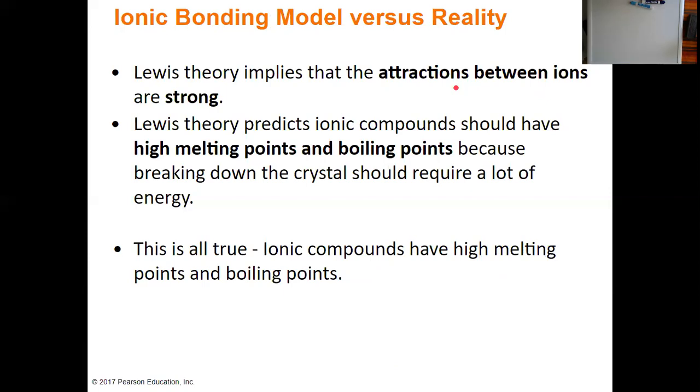If that's true, then ionic compounds should have very high melting points and very high boiling points, because it should take a lot to break apart that crystal, to break the bonds between them. And this is what we see in nature. The melting points of ionic solids are incredibly high, and they are all solid at room temperature.